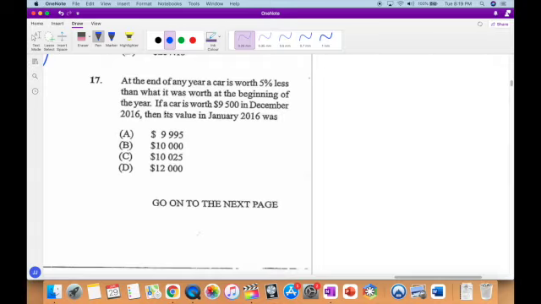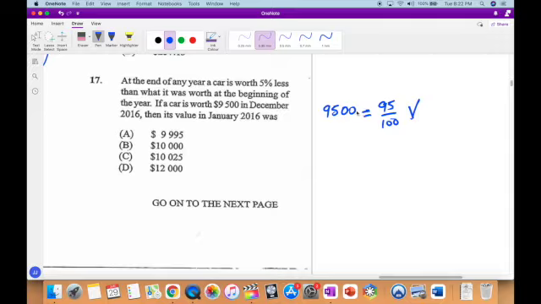At the end of any year, a car is worth 5% less than what it was worth at the beginning of the year. If a car is worth $9,500 in December 2016, then its value in January 2016 was, alright, so if it's worth $9,500 now, then this is 95% of what it was worth before.